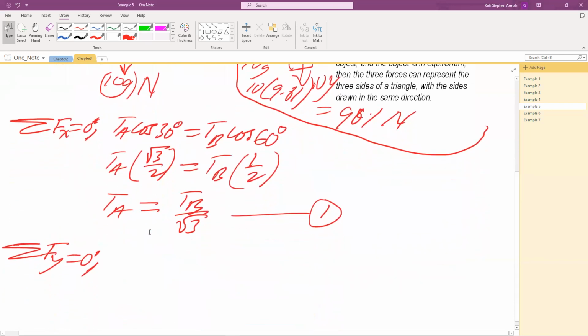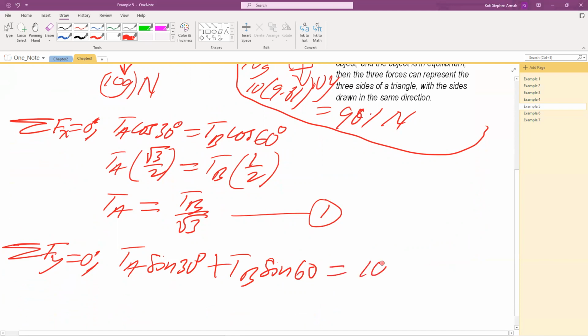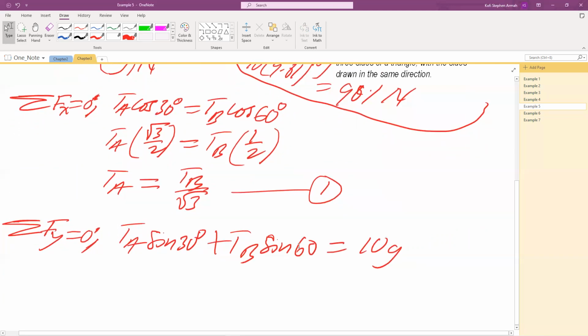So up equal to 10G. I'm going to get TA sine 30 plus TB sine 60 is equal to 10G. Then you can substitute what sine 60 and sine 30 are.